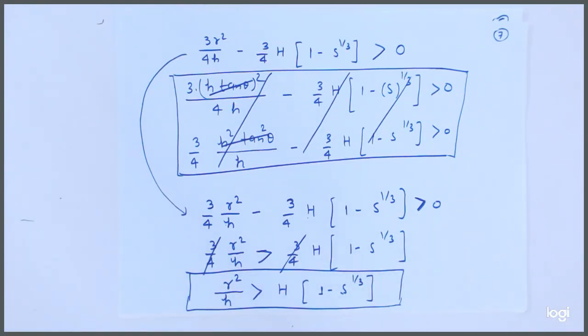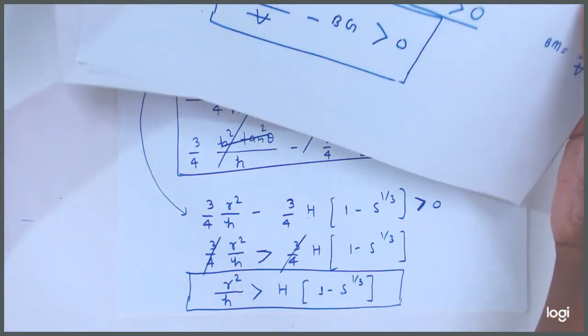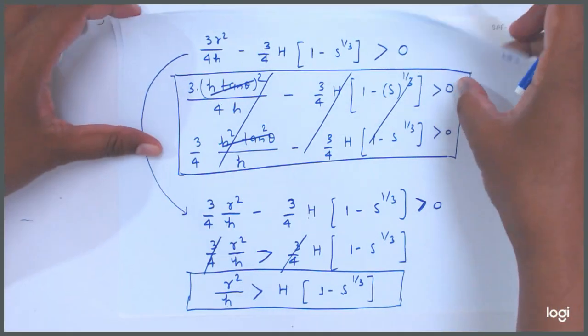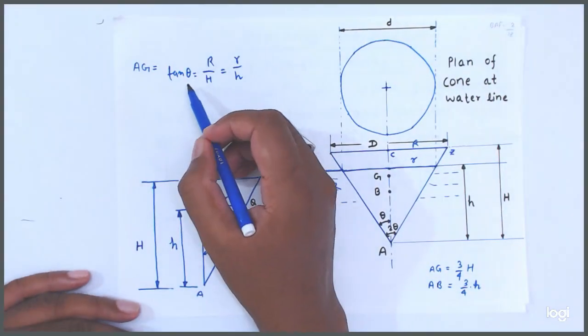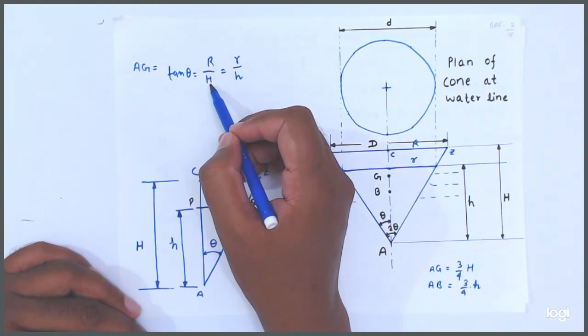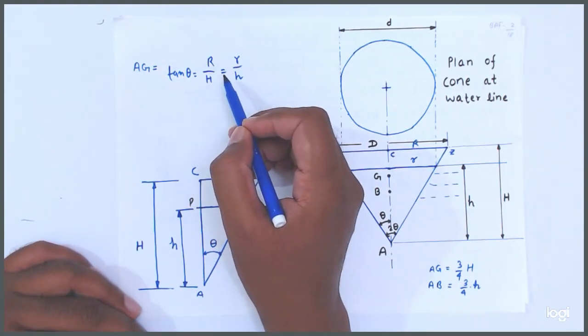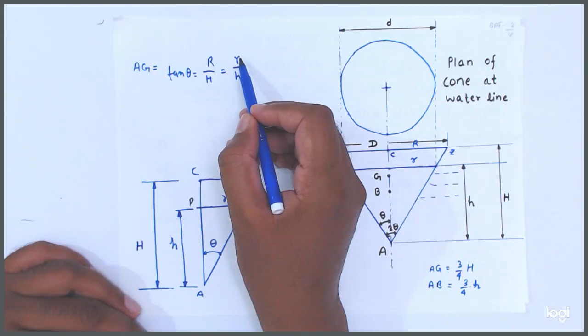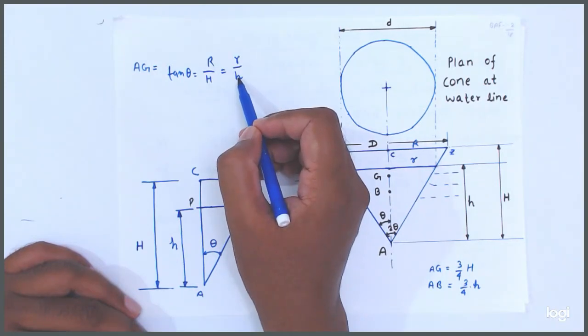Now friends, I already explained one more point here: tan theta is equal to capital R upon capital H, equal to small r upon small h.